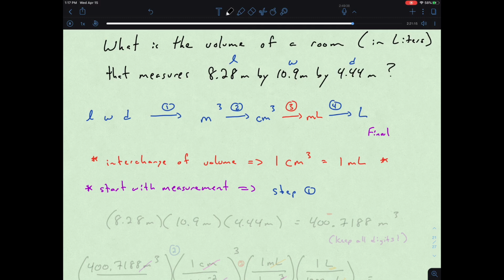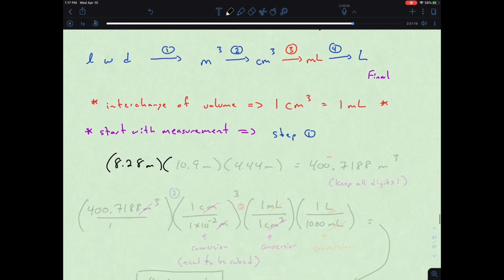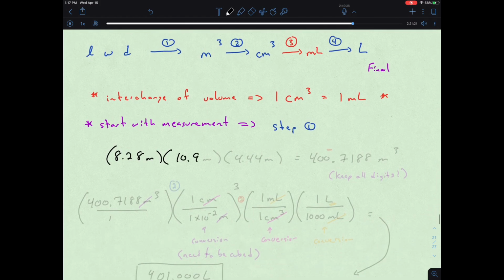So we'll be taking that 8.28 meters, multiplying it by the 10.9, and then by the 4.44 meters to get a value of 400.7188 meters cubed.